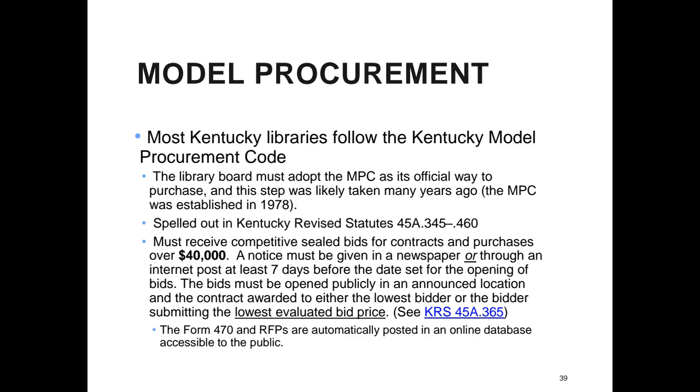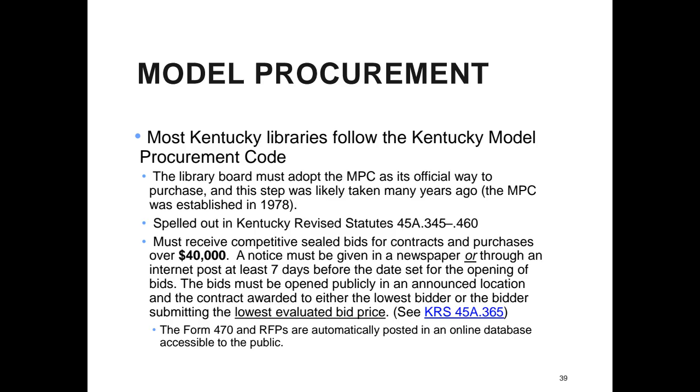It spells out certain requirements for various political subdivisions of the Commonwealth of Kentucky, including library districts, any kind of local districts. That's spelled out in Kentucky Revised Statutes 45A.345 to .460. That is specifically the section of the code for local government.